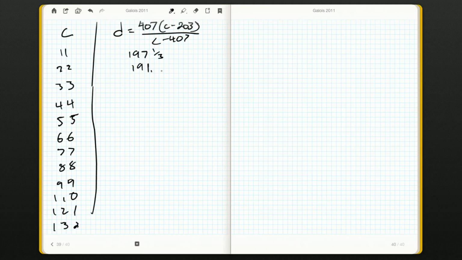We get 191.34 something or other. So that's no good. 33 minus 203, that's negative 170, divided by 33 minus 407. That's 0.454545 times 407. That's 185. Okay. So I'm liking that.